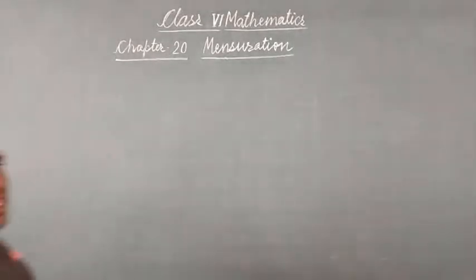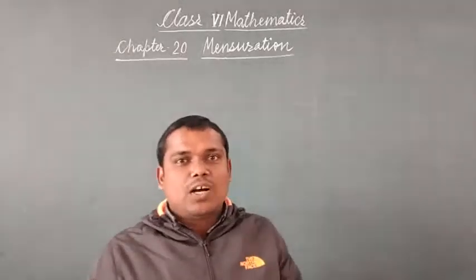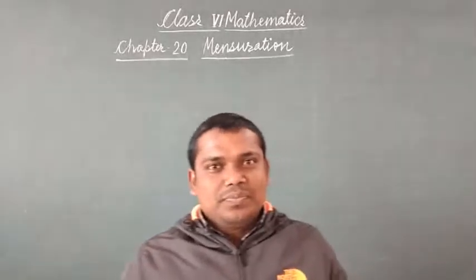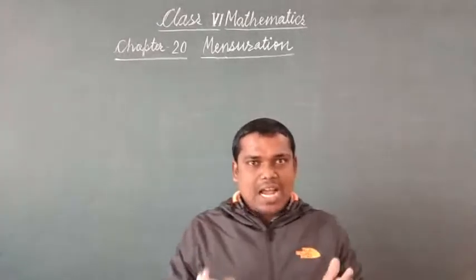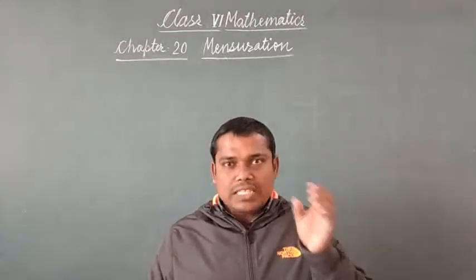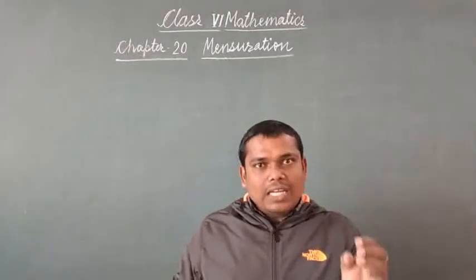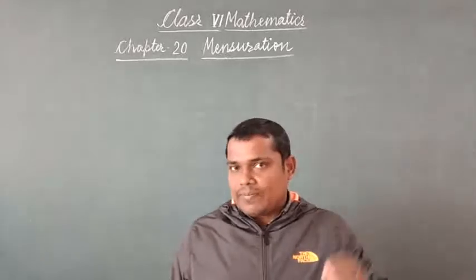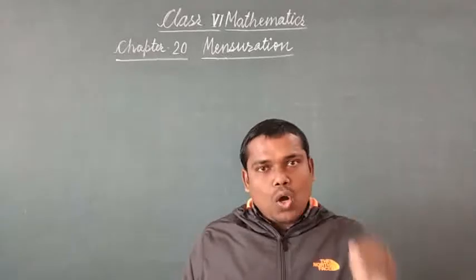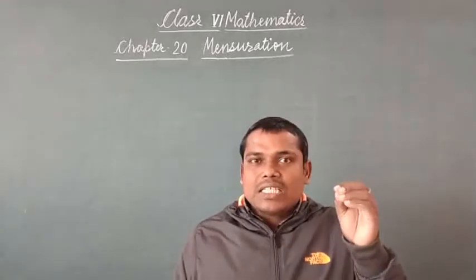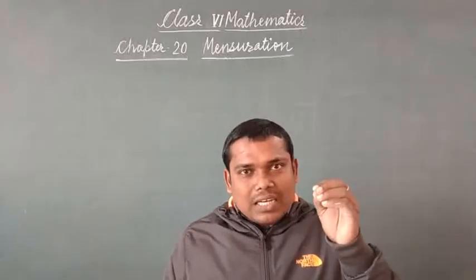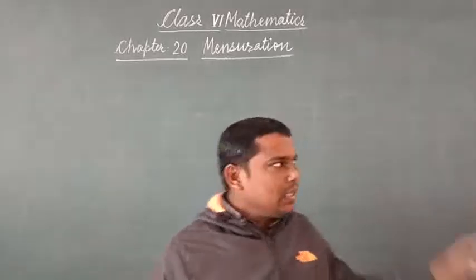Now I am going to discuss with you the surface area of cube and cuboid. As you know, a cube has 6 surfaces and a cuboid also has 6 surfaces. But a cube has all its surfaces the same, square surfaces. Look at the figure here.